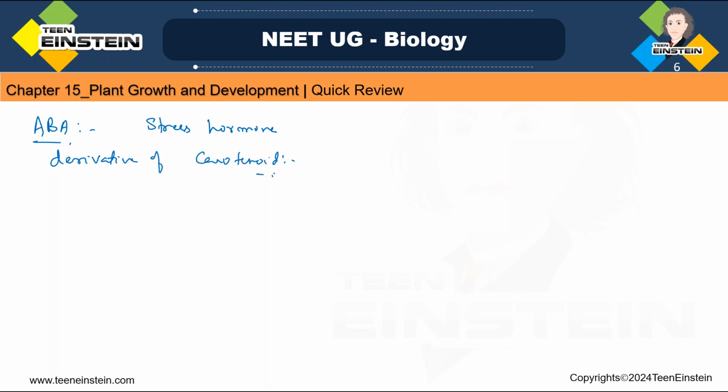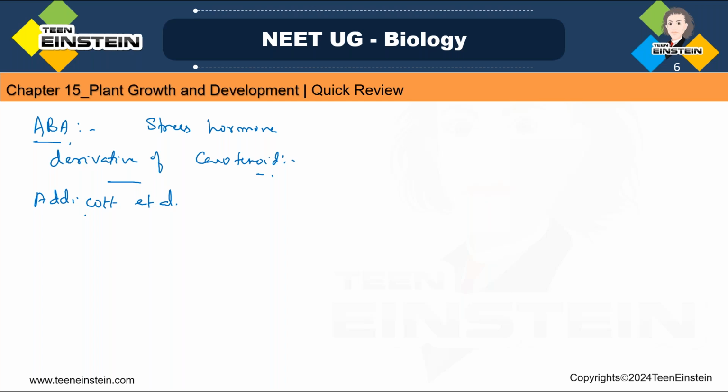This hormone was first isolated by Addicott et al. from cotton fruits, and it was named abscission.